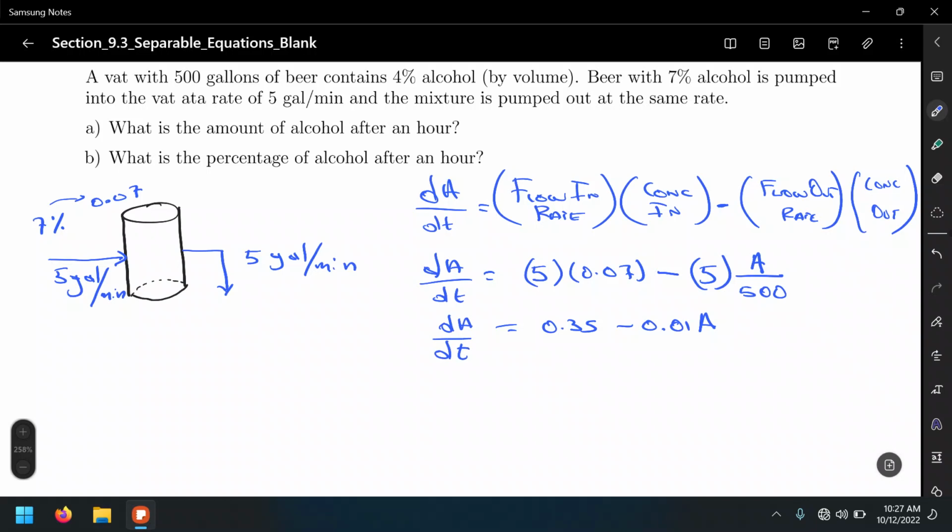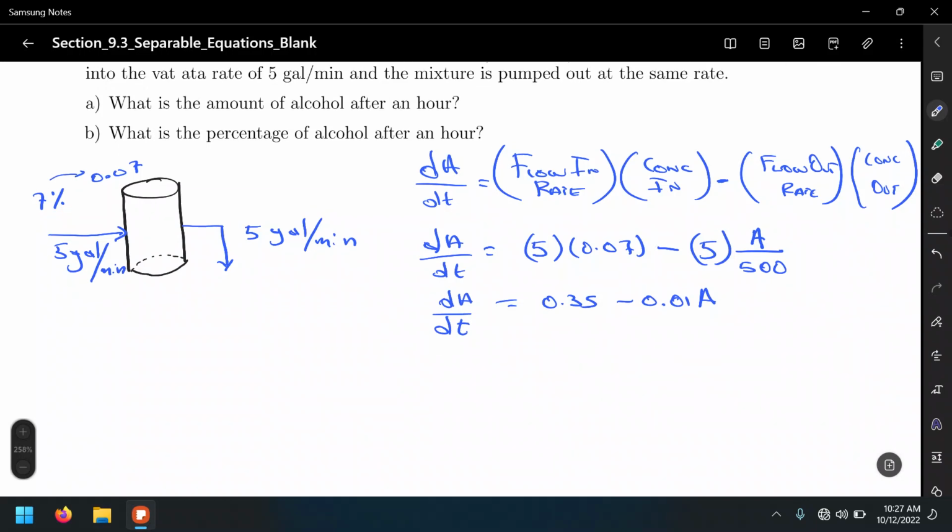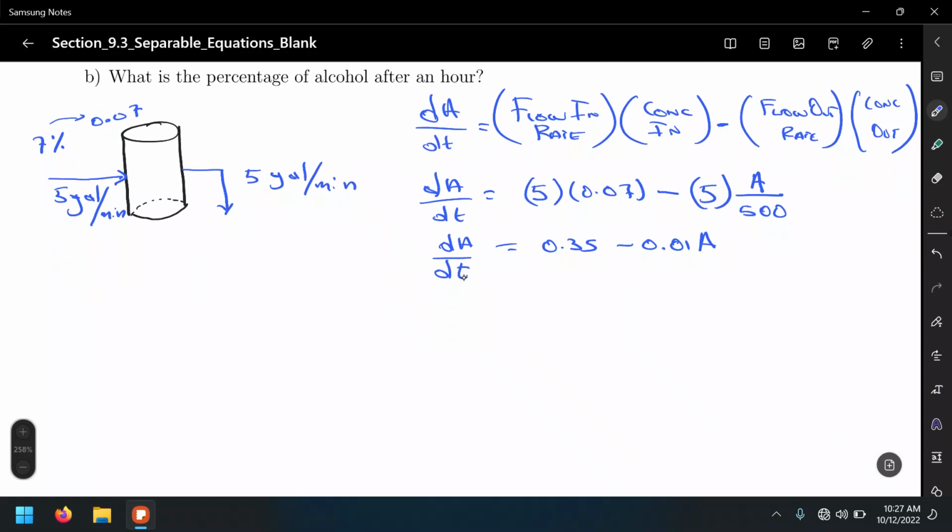All right, so let's separate the variables. Multiply both sides by dt. So dA equals 0.35 minus 0.01 A, oops, the A goes here, dt. And that factor that contains the A, I'm going to move it to the left-hand side by dividing both sides by that.